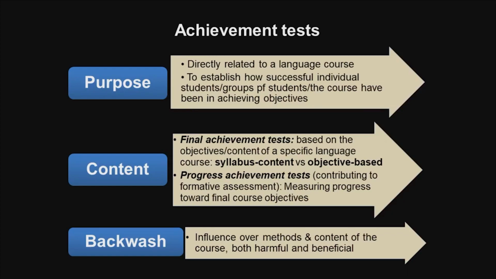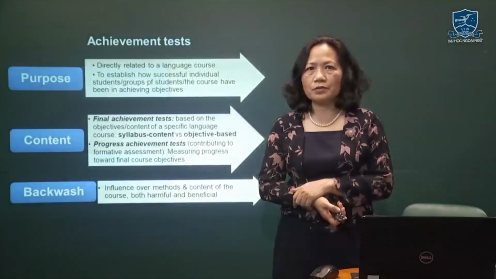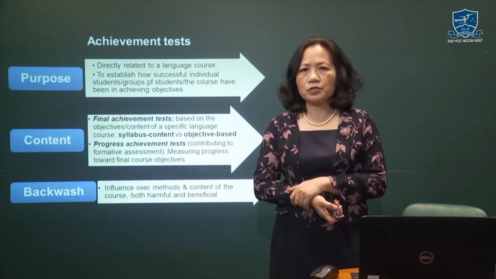Your teaching methods and teaching materials are appropriate or not, and you can make some adjustment. But for the final achievement test, because it's at the end of the course, the influence is on the next course only.